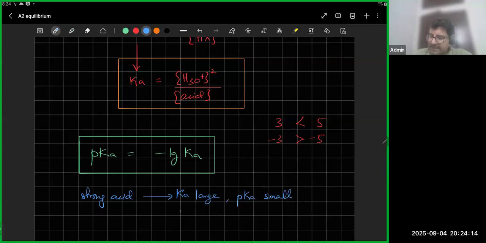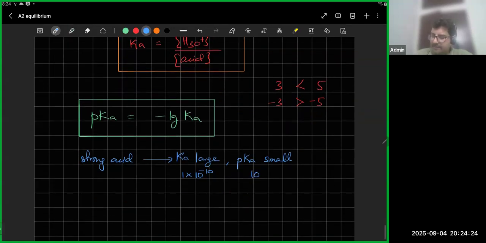For example, if K is 1 into 10 power minus 10, then your pK, the negative log, would come out to be 10. But if your K is large, 1 into 10 power minus 5, let's say, then your pK would come out to be small. 1 into 10 power minus 5 is a bigger number. 1 into 10 power minus 10 is a smaller number.